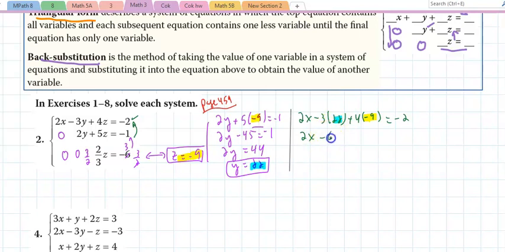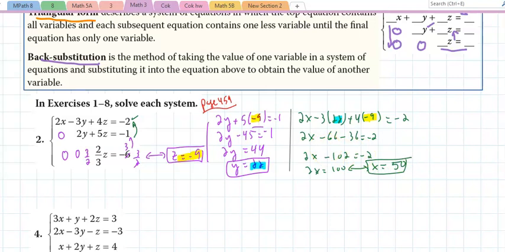As long as I get a solution out of those, okay, I'll show you which case that is. Minus, what is that, 12, 102. That means 2x equals, add 102, so that's 100, and that means x is 50.